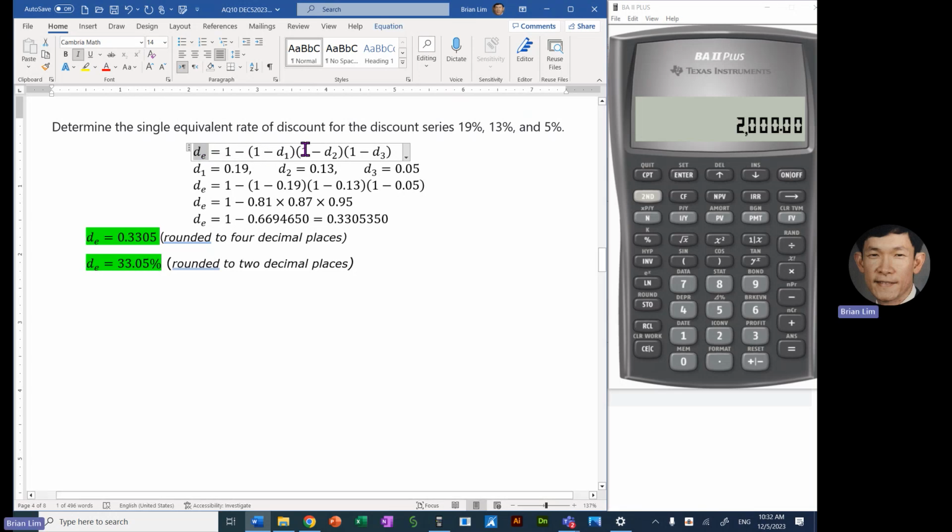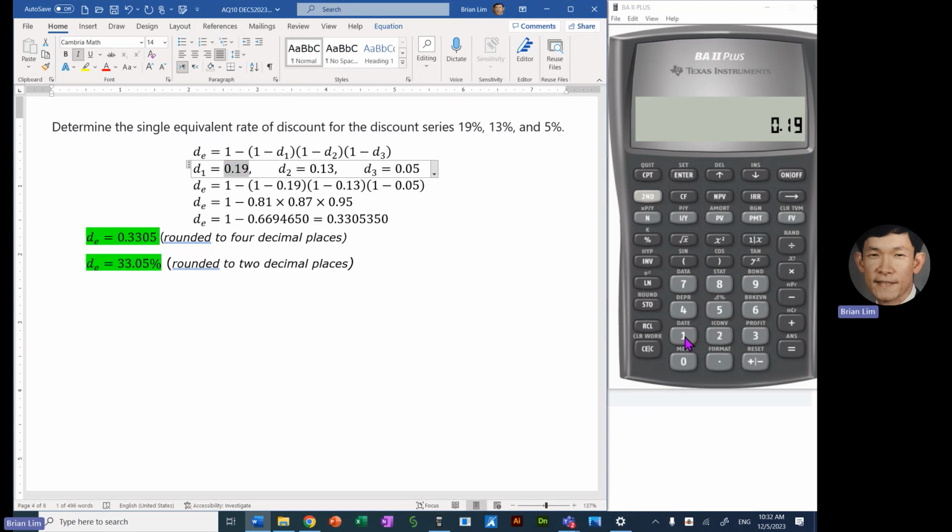So we take these 3 discounts here, 19%, 13%, and 5%. We express them as decimals. 19% is 0.19, 13% is 0.13, and 5% is 0.05. Of course, you could do all of those on the calculator. If we put in 19%, we get the 0.19, which is this number right here.